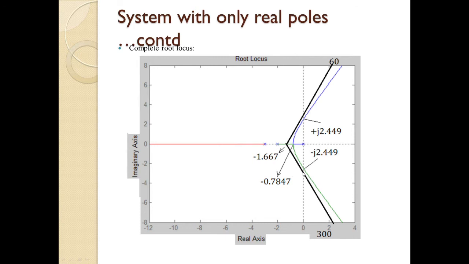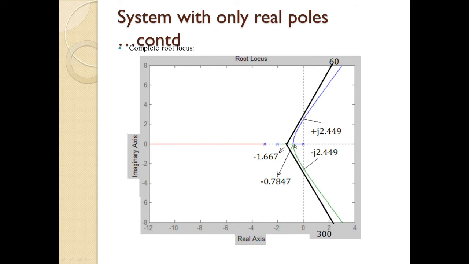So these are the asymptotes, and for this pole, when the gain is varying, it goes directly to infinity through this 180 degree line. So this is one locus. For the other two poles, when the gain value is increasing, both go towards this breakaway point, that is minus 0.7847.